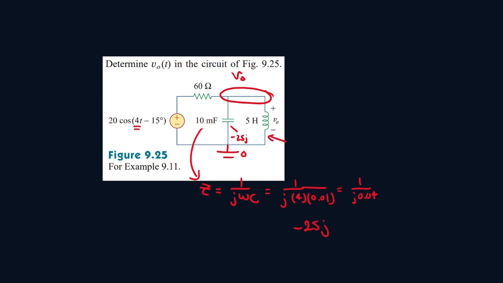Now let's find the impedance value for this inductor. It'll be jωL, so it'll be j4 times 5. So that's 20. That's the impedance value for the inductor, j20.